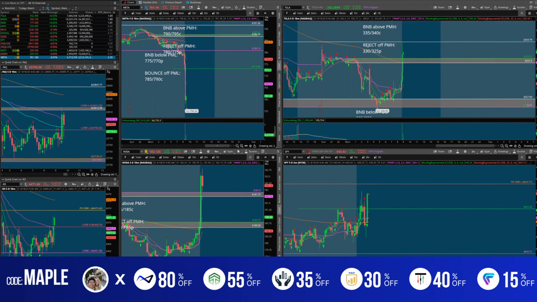Perfect entry there on the Hero 0 for the calls. Bought red. I'm about to sell some green here. Still looking for those 10-minute 200 EMAs on ES and NQ.